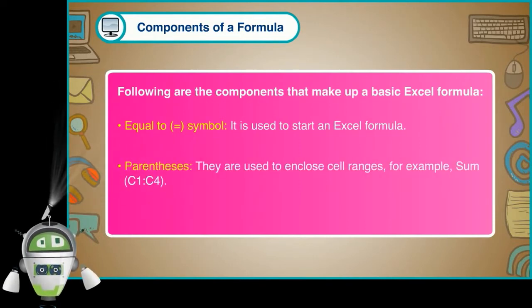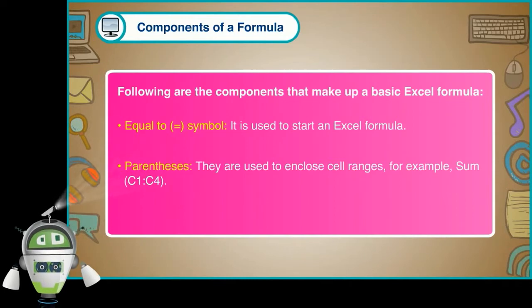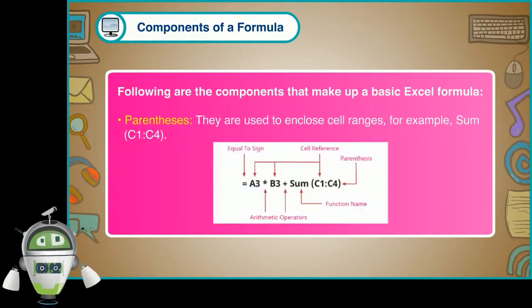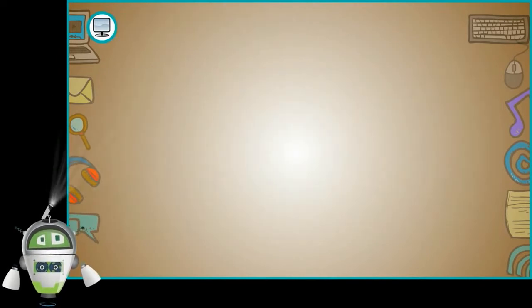Parentheses. They are used to enclose cell ranges. For example, SUM(C1:C4). Equal to sign, arithmetic operators, cell reference, function name, parentheses. The formula will be =A3*B3+SUM(C1:C4).